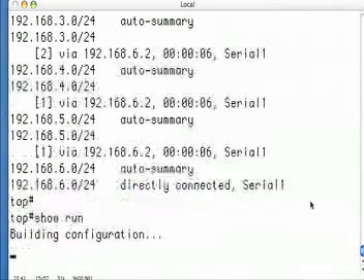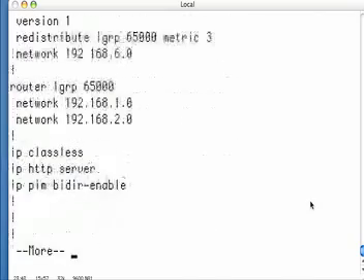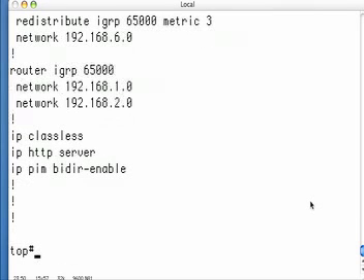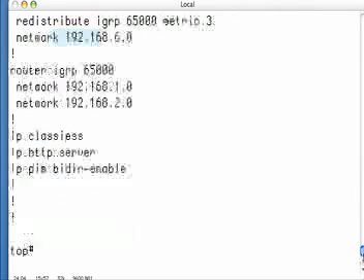Show run. I think we found what I would call a bug here, because that network is no longer in. We executed a no network statement, so that network should no longer be advertised via RIP natively.